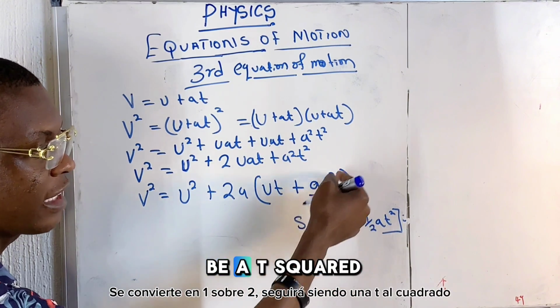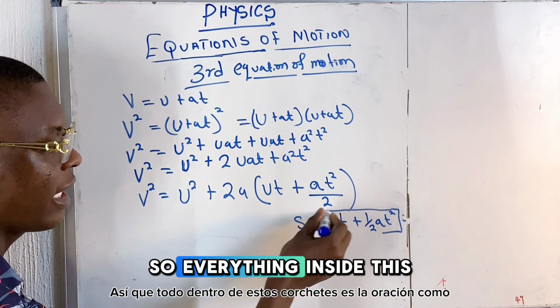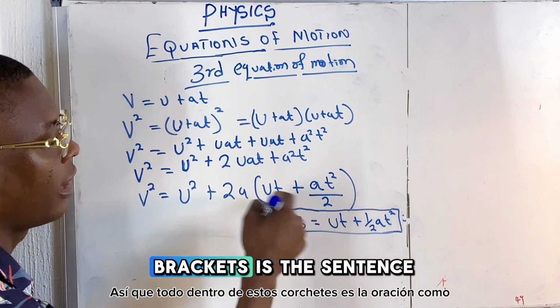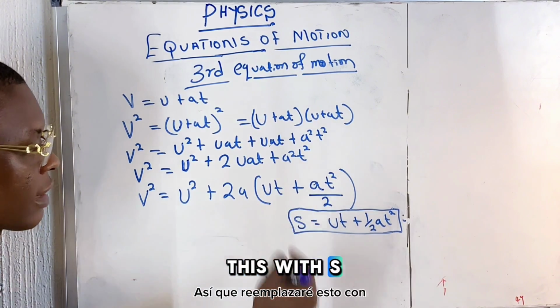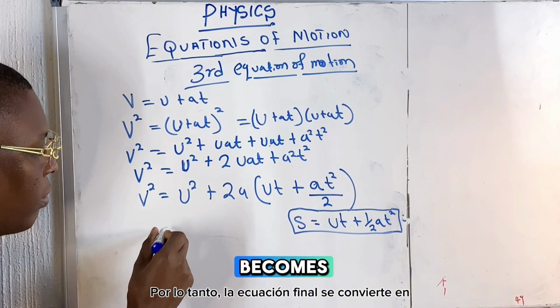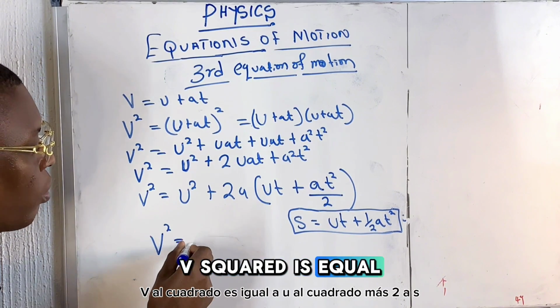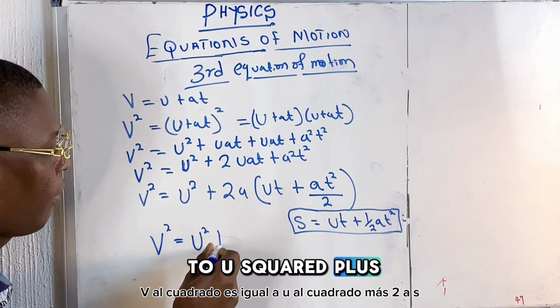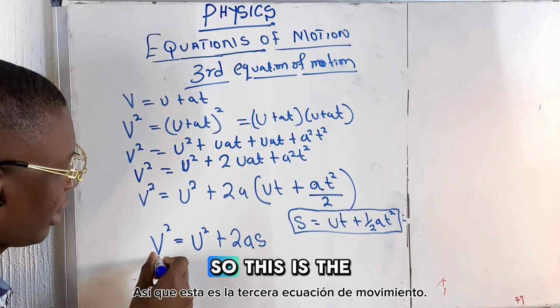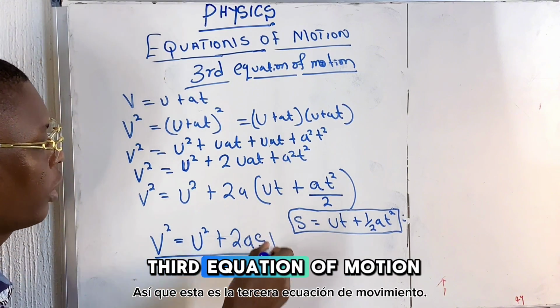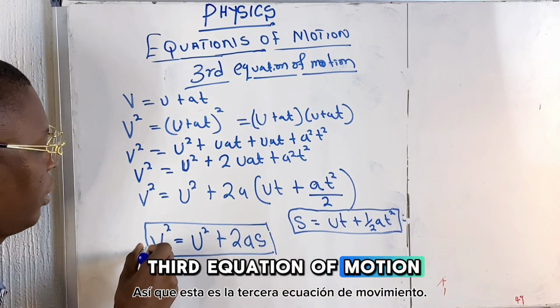It will still be AT squared. So everything inside this bracket is the same thing as S. So I will replace this with S. Therefore, the final equation becomes V squared is equal to U squared plus 2AS. So this is the third equation of motion.